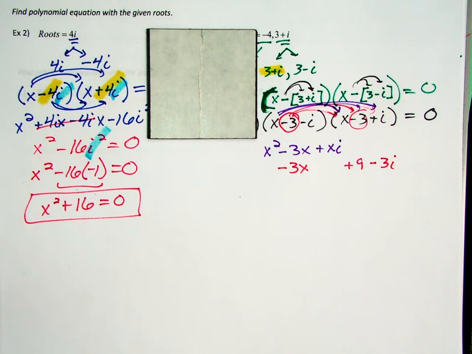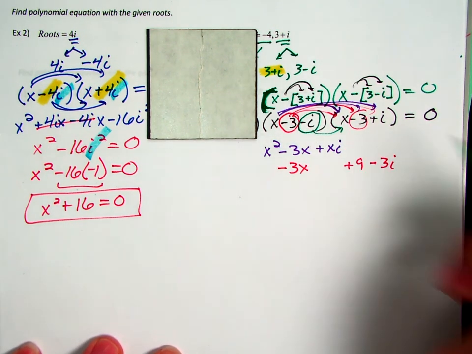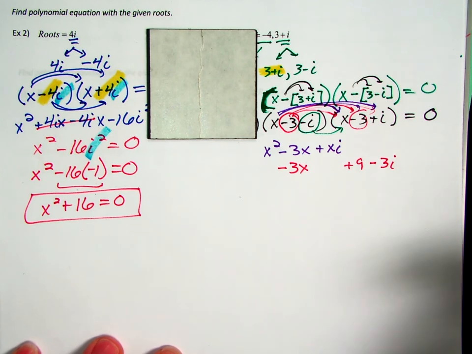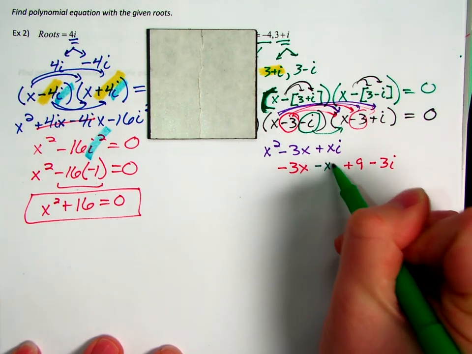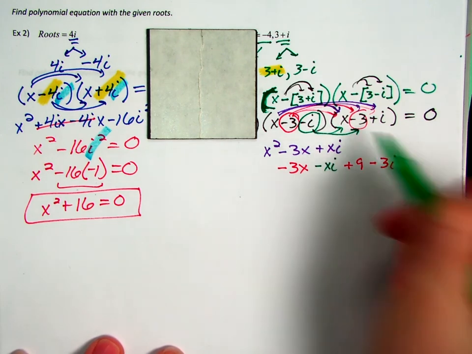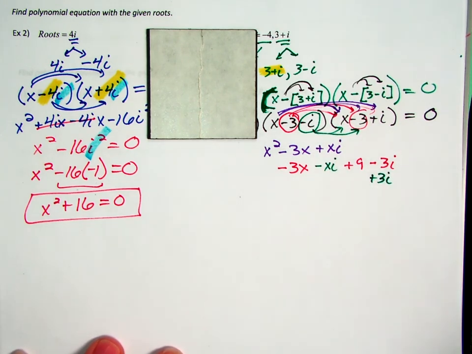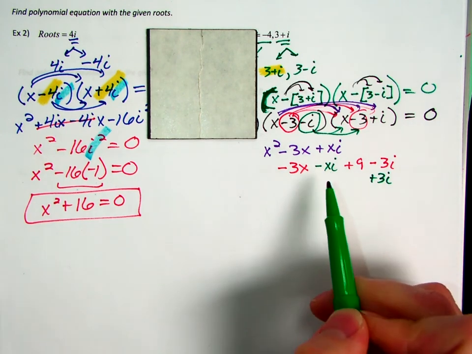And then I'm going to do the same thing with the last term. So now I need to distribute my negative i out. So negative i times x would be negative xi, so I can put that under the xi from before. Negative i times negative 3 would be positive 3i, so I can put that under this one.